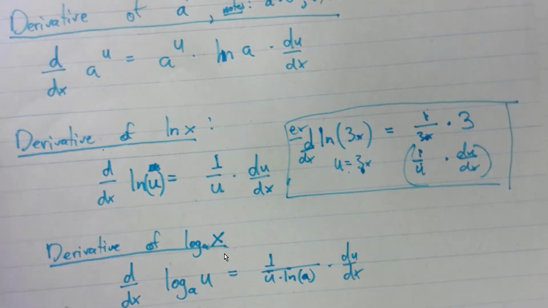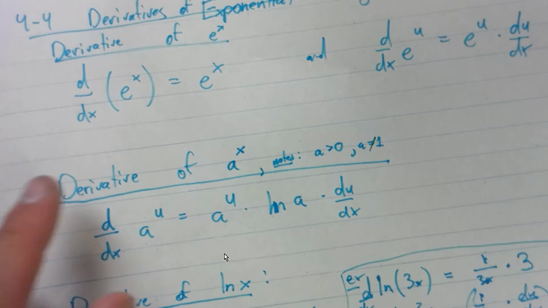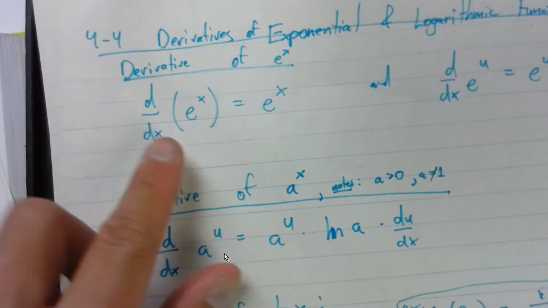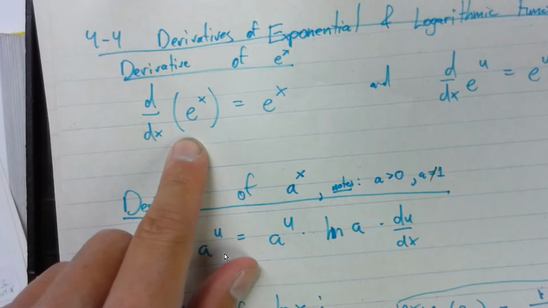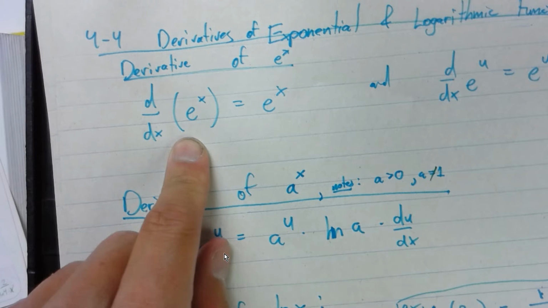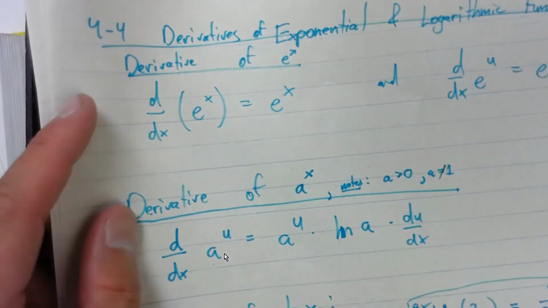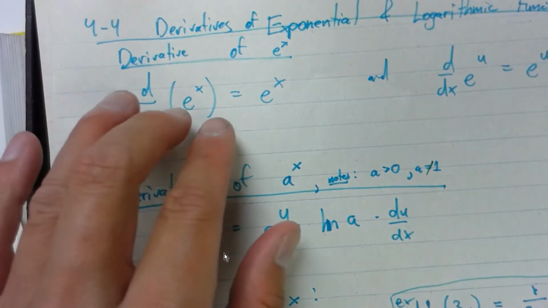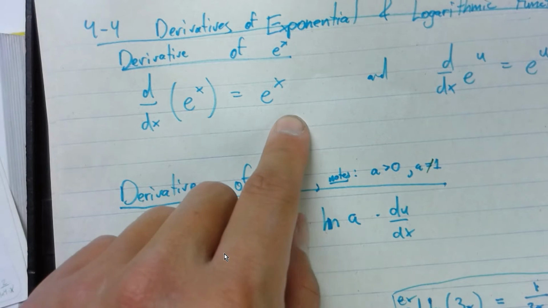Let me go over this really quick. I'm not going to go over a proof, but basically the way I'm going to handle this is I'm going to give you the formulas, and they're just going to be memorized at this point.